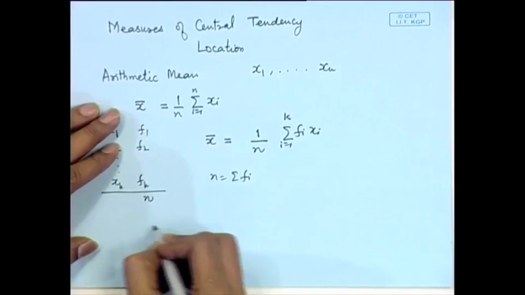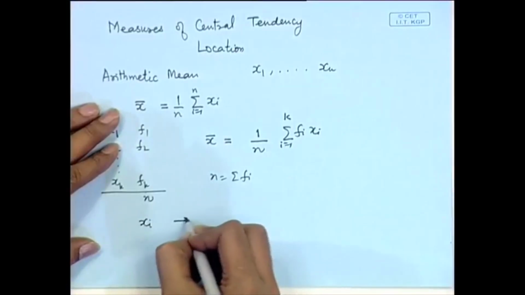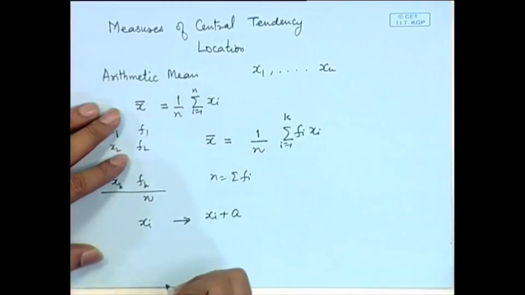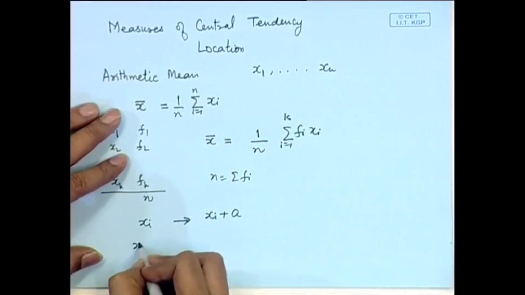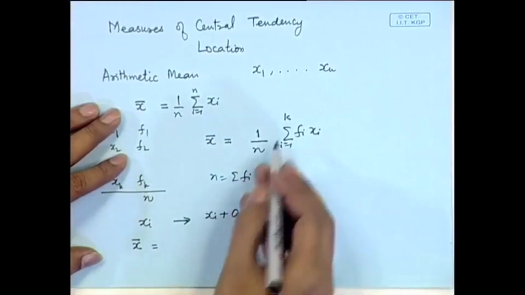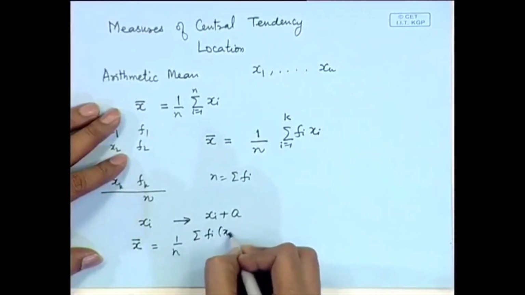For example, suppose in place of x i the values are shifted by a. Then what will happen to your average value x bar? Let me look at this formula: 1 by n sigma f i times x i plus a.